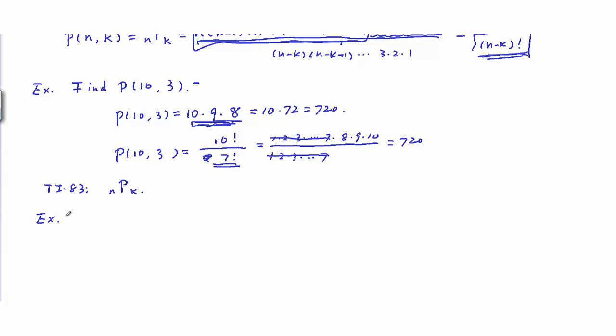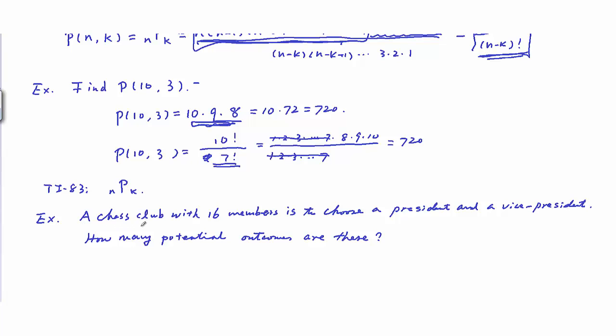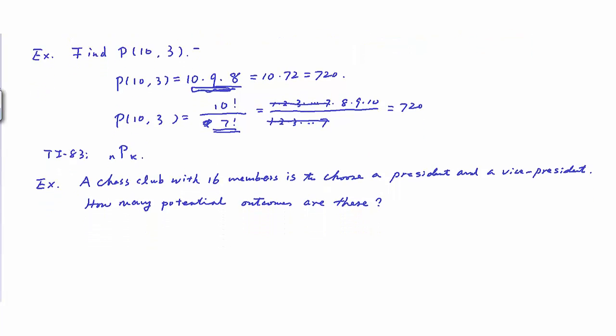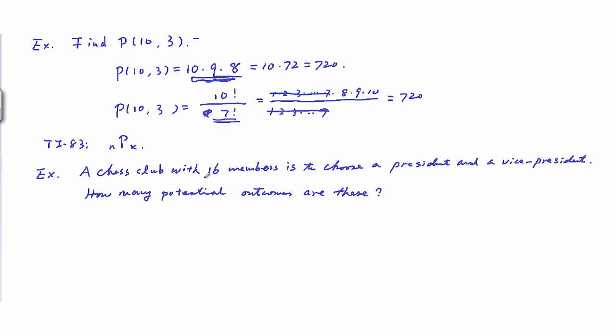Okay. Let's look at another example, in the book, 4.2.6. A chess club with 16 members is to choose a president and a vice president. How many potential outcomes are there? Now, since we have 16 different objects, and we pick two objects, we have 16 taken two at a time, and order matters because president and vice president have an order here.